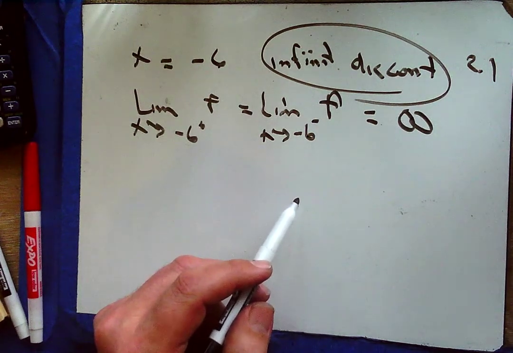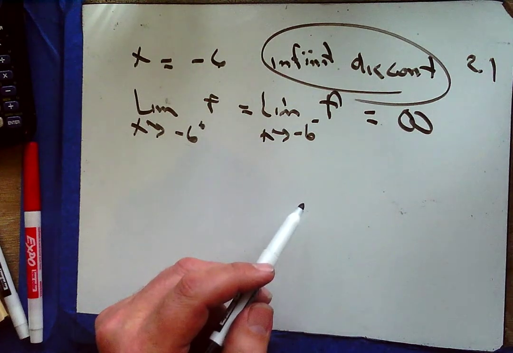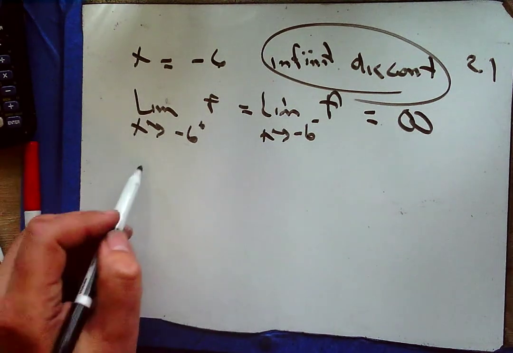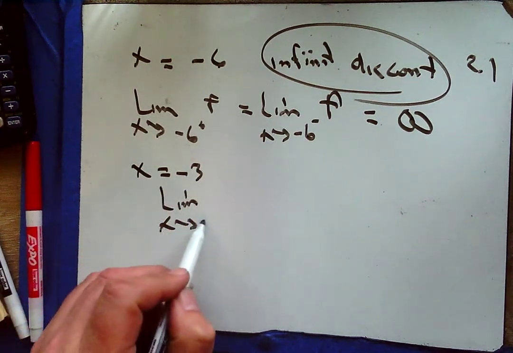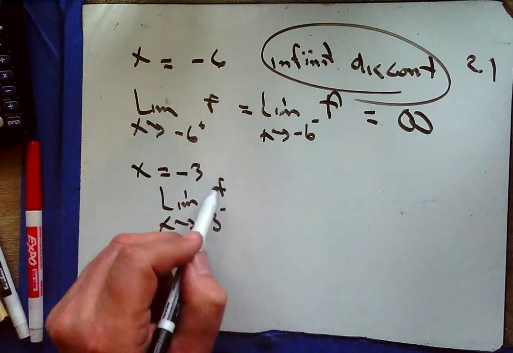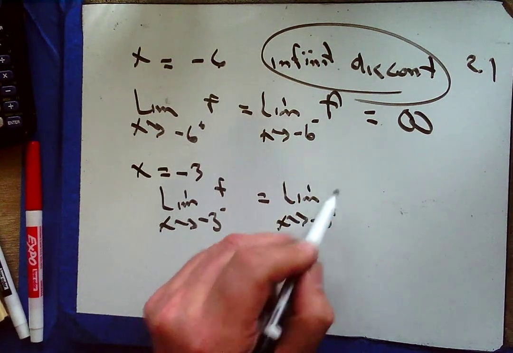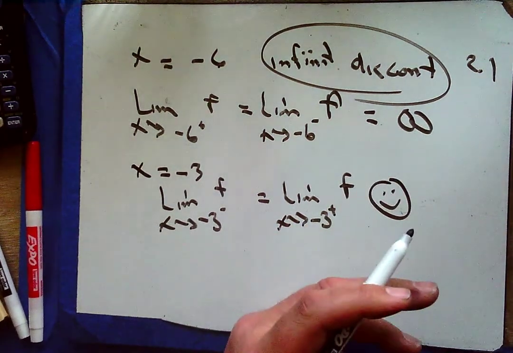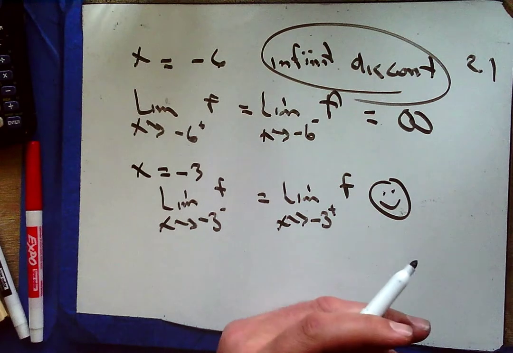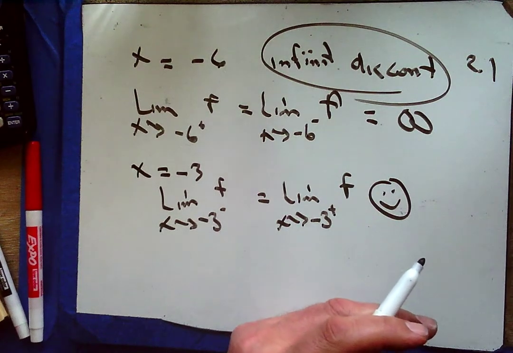So yeah, maybe you're right. Okay, what about at -3? Well, at -3, I see that the limit as x approaches -3 from the negative side does equal the limit as x approaches -3 from the positive side. So that limit exists. The point doesn't exist, or the point exists but somewhere other than where I expect it to be. So yes, a point of discontinuity there, but no, the limit exists.